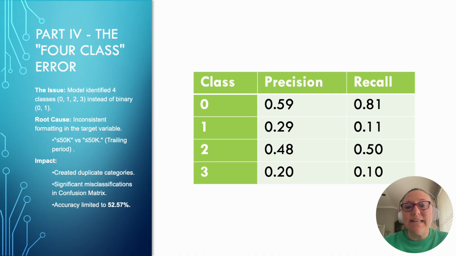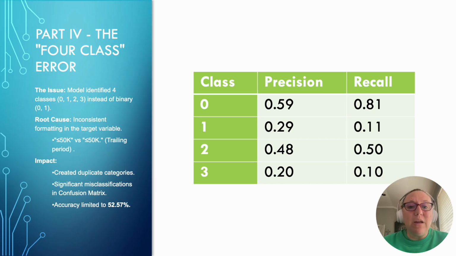However, this section provided a critical lesson in data quality for me. If you look at the table on the screen, notice that we have classes 0, 1, 2, and 3. This, however, should be a binary problem, just 0 and 1. So what happened?